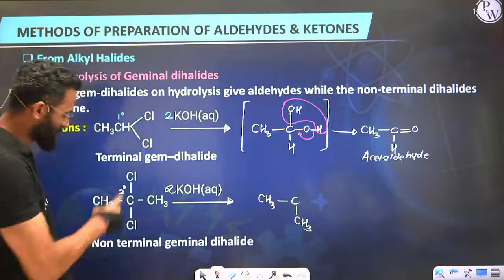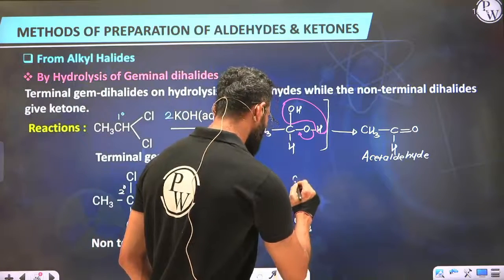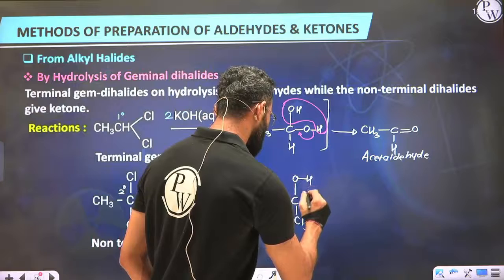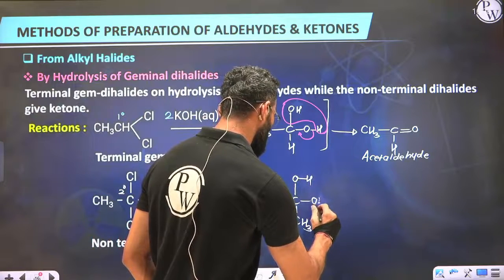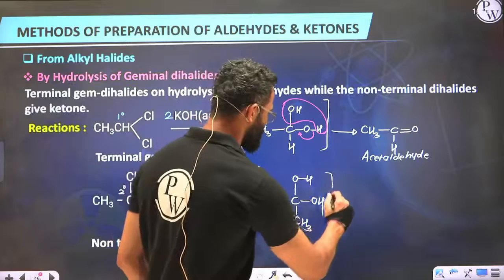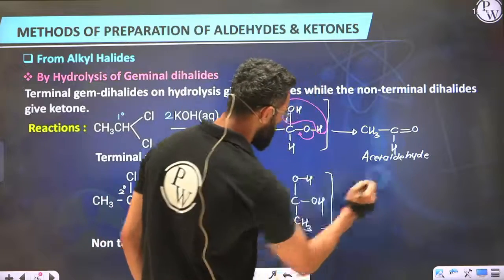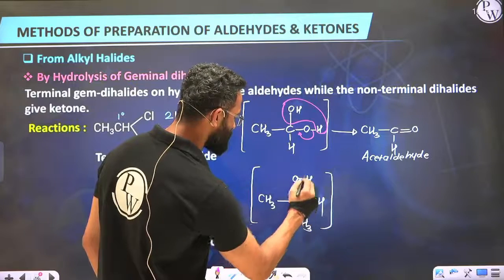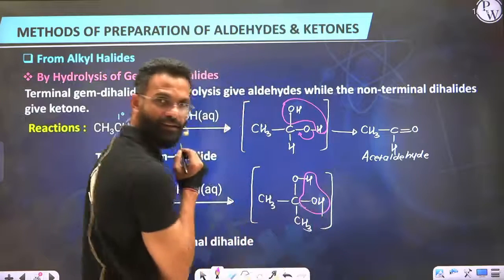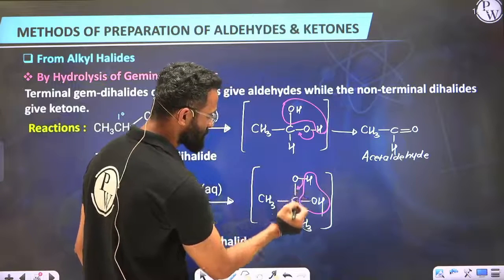And two chlorines I'm substituting by OHs. So this is first OH and this is second OH. Since two OHs are at the same carbon, this is geminal diol, and diol being highly unstable will eliminate water. So let's say water is eliminated. Sigma bond will shift back here between carbon and oxygen to form double bond.